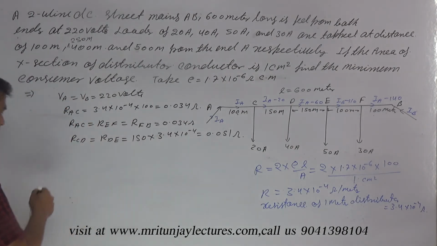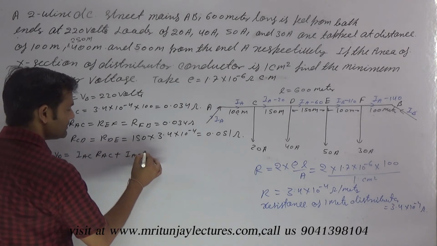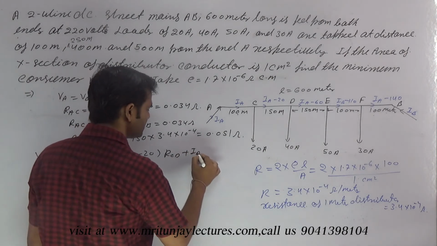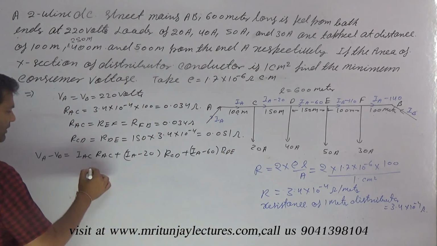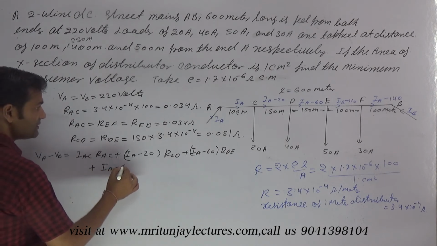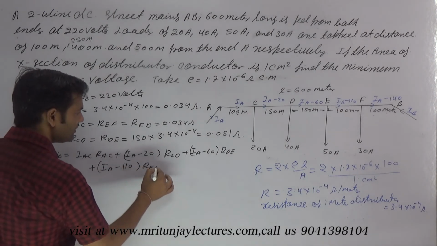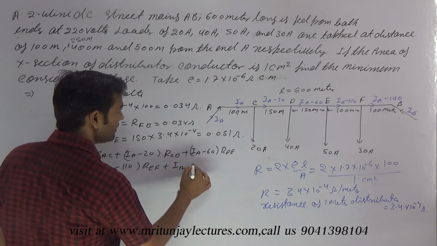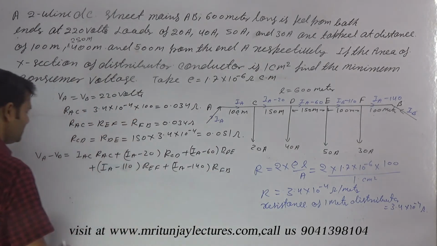Now the voltage drop corresponding to VA minus VB is equal to I of AC into R of AC, plus IA minus 20 into R of CD, plus IA minus 60 into R of DE, and IA minus 110 into R of EF, plus IA minus 140 into R of FB.